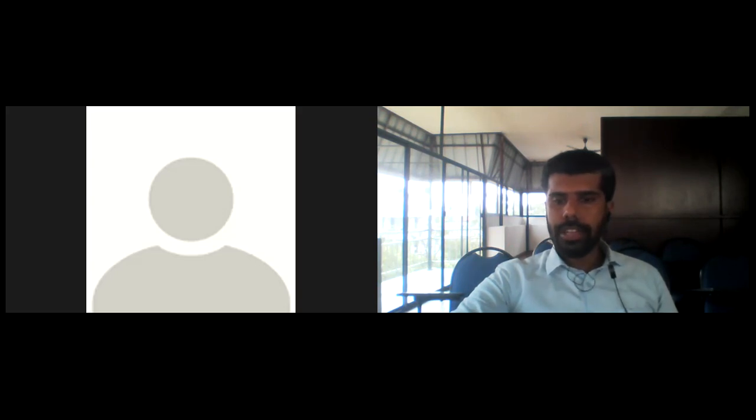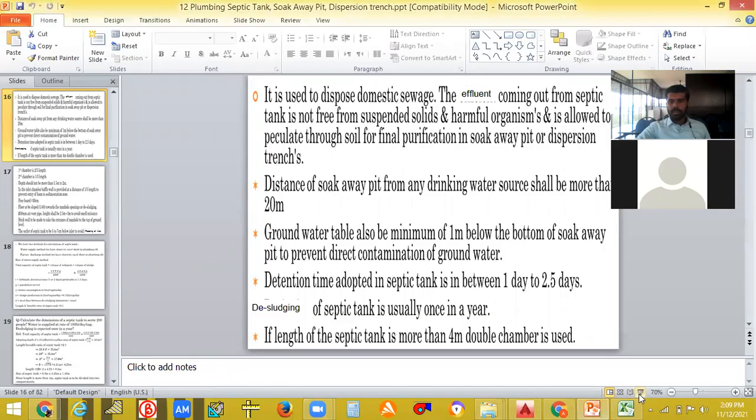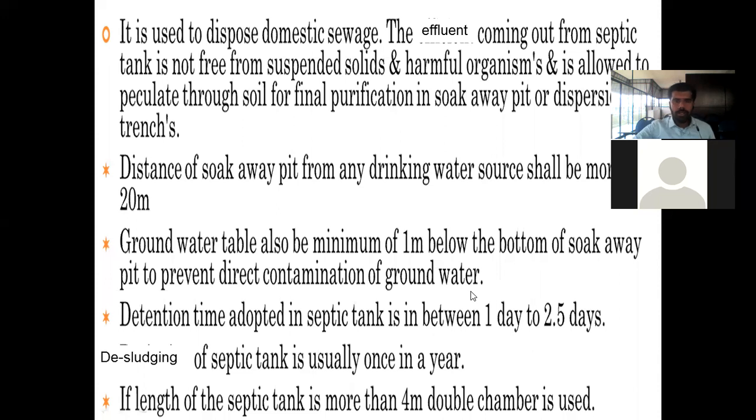Now I'll share the screen. Today we will be studying the septic tank, and there are different criteria. It's a well engineered structure, and we cannot give its length and width according to our wish.